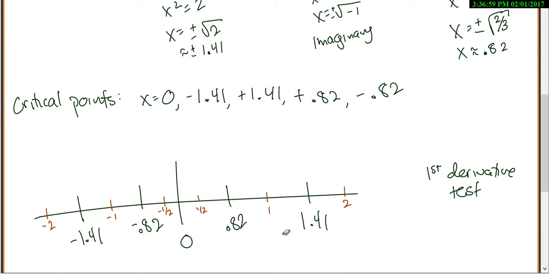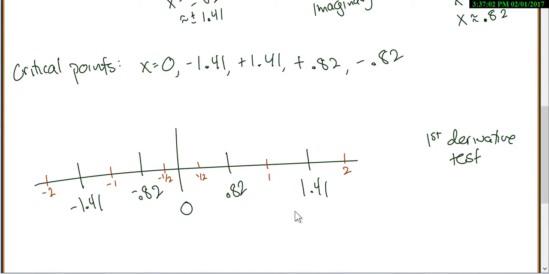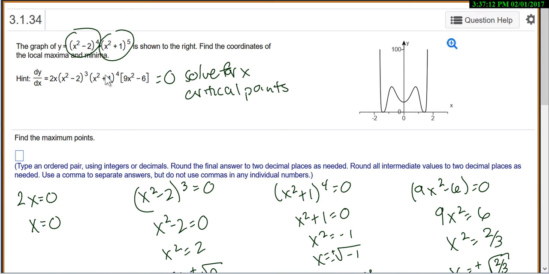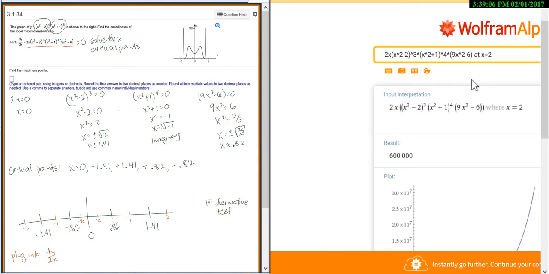And we're going to plug all of these into our first derivative, or dy dx. So here is dy dx. I have to plug all of those in. I'm going to go ahead and pause this and do that on a computer or a calculator, because otherwise this is going to take longer than I want. So I decided to go to Wolfram Alpha because I didn't want to type it in my calculator that many times.